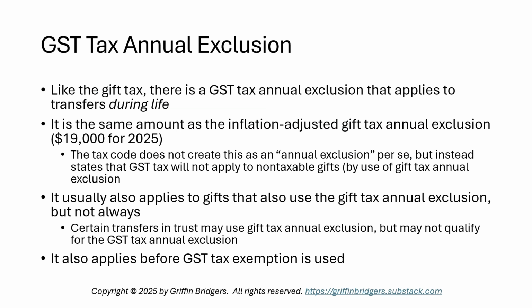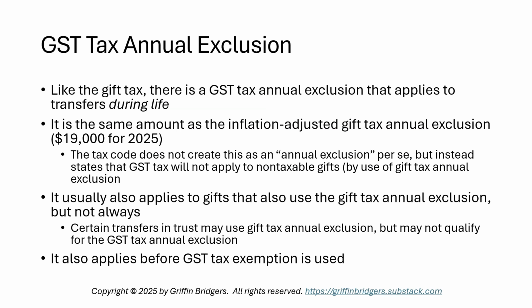We also have a GST tax annual exclusion, which is really designed to work in parallel with the gift tax annual exclusion. Because certain direct gifts get that $19,000 per recipient annual exclusion, and because GST tax is its own separate independent tax that is applied as an additional layer, most transfers that qualify for that gift tax annual exclusion will also get a separate GST tax annual exclusion.